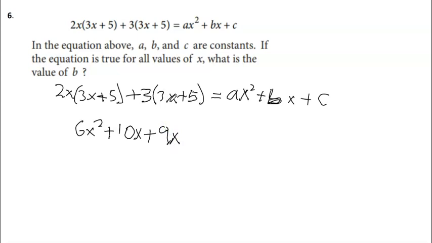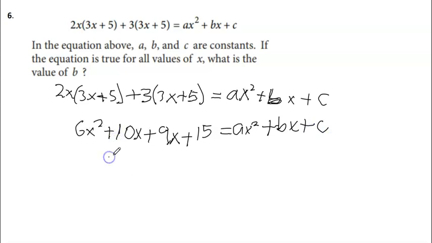And then we have plus 3 multiplied by 5 will be equal to what? Plus 15. And we're saying this whole thing is equal to ax squared plus bx plus c.